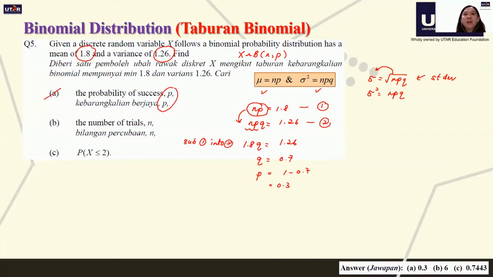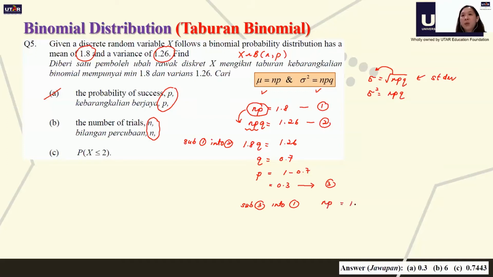Now part B. How do you find N? We can put back my answer for P. Let's say I take P value 0.3 as equation 3, and I substitute it into my first equation.